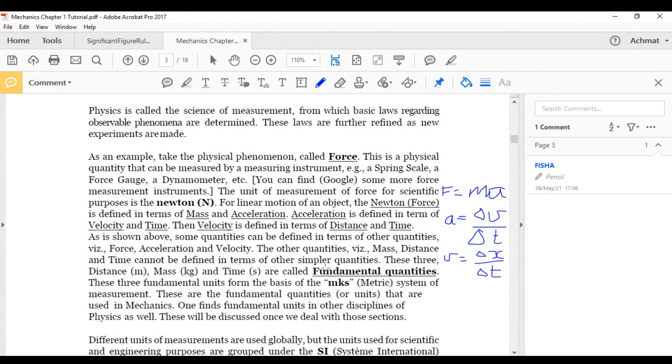These are the fundamental quantities in mechanics. You will find in other courses, in other parts of physics, there are other fundamental quantities, for example in electricity or in light. But these are the fundamental quantities that we know for mechanics. We can speak about the others when we get there.